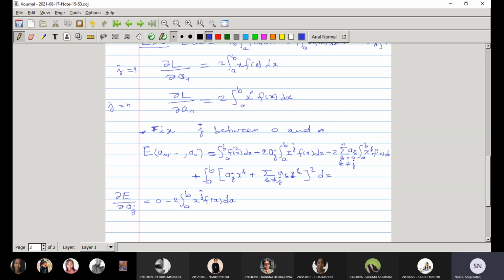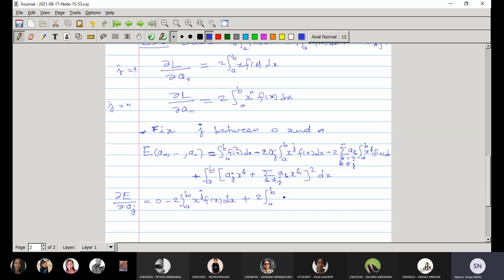So now this is a chain rule. If I apply the chain rule to this, it will give me plus 2, integral from a to b, this term, because the power will be reduced by 1, right?